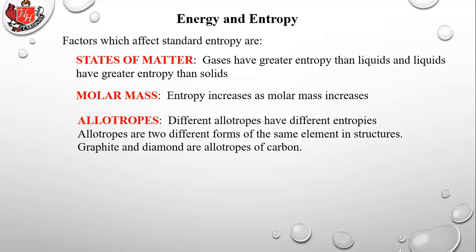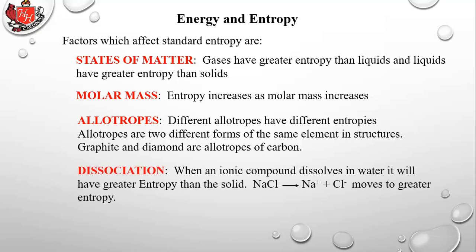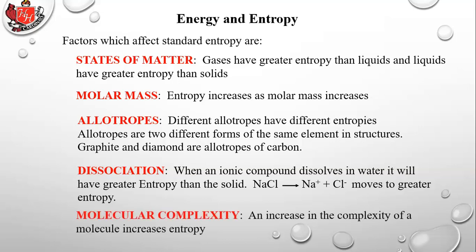For example, graphite and diamond are both allotropes of pure carbon. Dissociation: when an ionic compound dissolves in water, it will have greater entropy than the solid. So NaCl dissolving into sodium ions and chloride ions moves to greater entropy. And molecular complexity: an increase in the complexity of a molecule increases entropy.